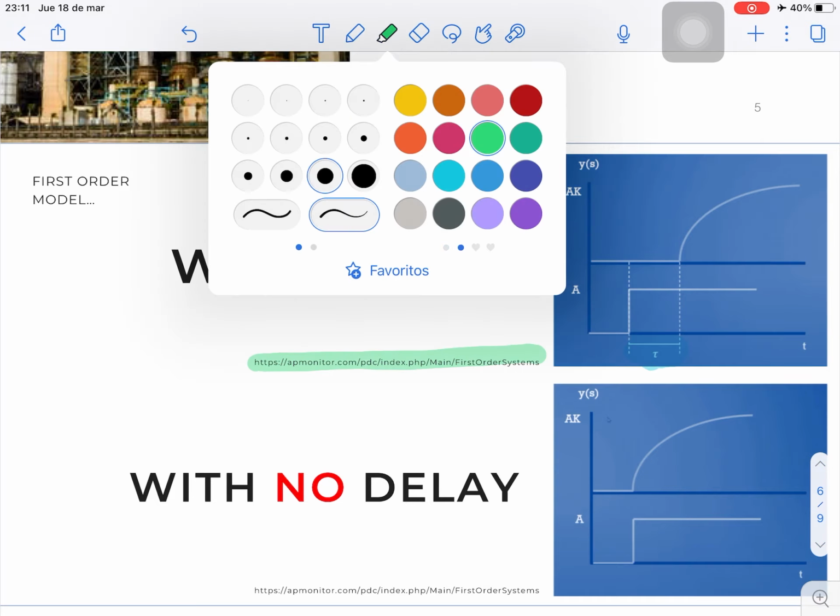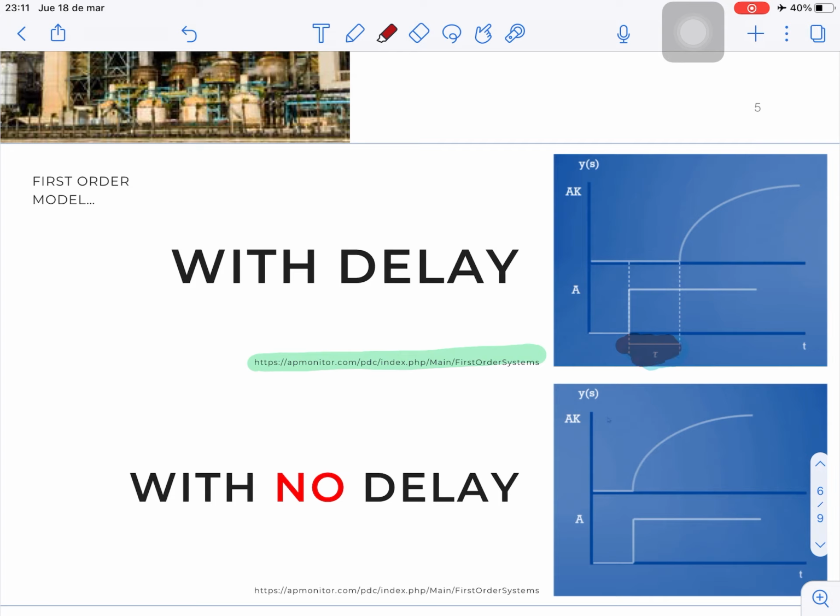As we said, we are considering this delay as a tau, and in both cases the step response starts and it passes a period in which the system starts its process. However, when we do not consider a delay, it's a little bit easier, and we can see the difference between these two graphs where the step response starts and the model starts with its process.